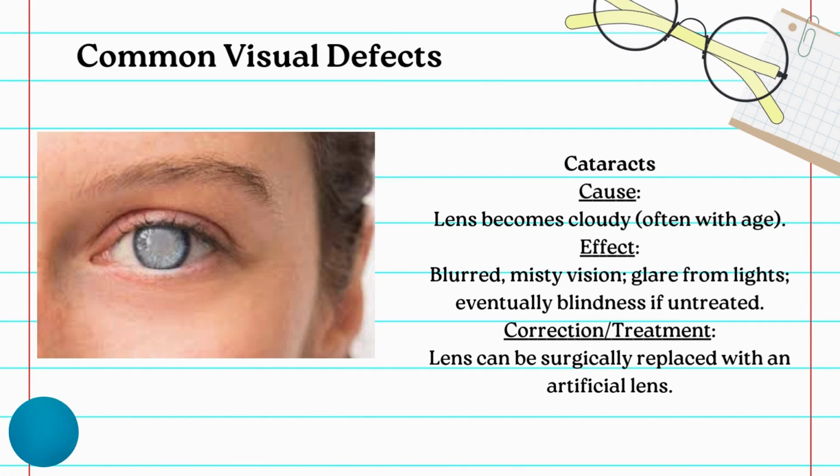It blurs your image, obviously, since light will not get in perfectly if there's some cloudiness in your lens. The way you can correct this is by getting surgery to replace your lens with an artificial lens, because this is a physical barrier that prevents light, so you have to surgically remove it. That's the only way you can correct it.